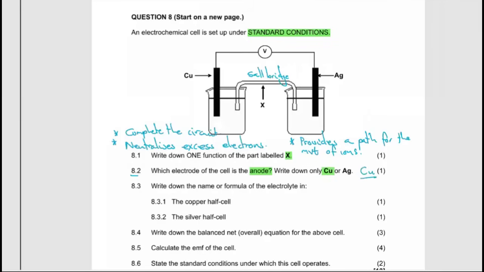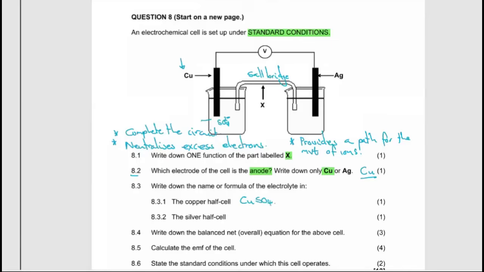Write down the name or formula of the electrolyte in the copper half cell, right? So we're focusing on this half cell. Here we have sulfate, SO4 2 negative. So for our copper half cell, the electrolyte that is going to be used is copper sulfate, CuSO4.